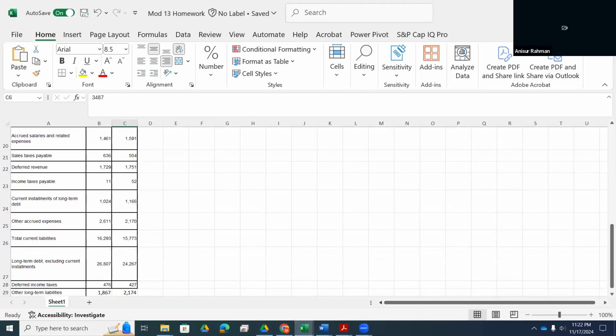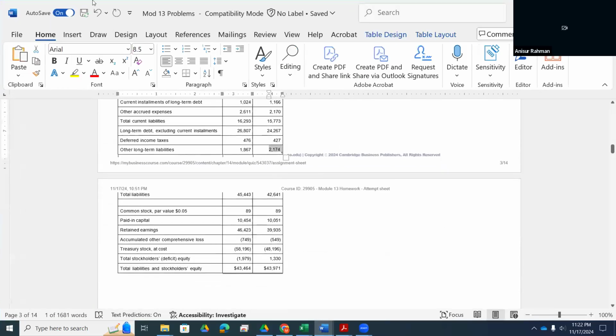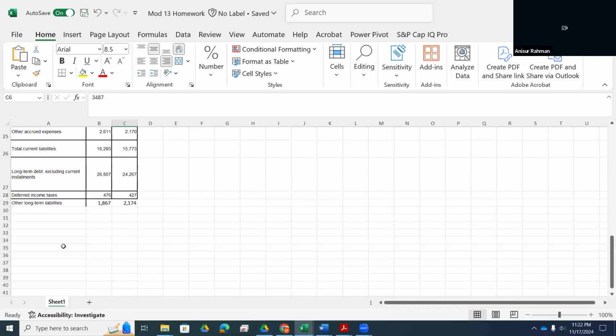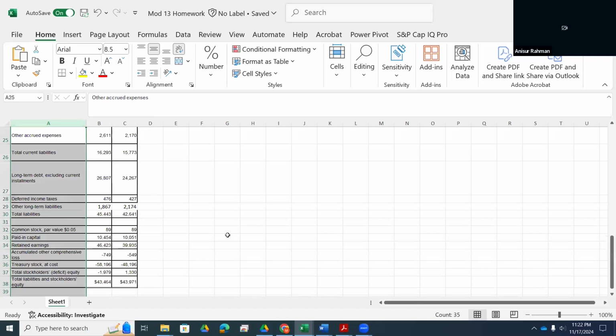And then total liabilities. Again, I'll highlight this, double click.